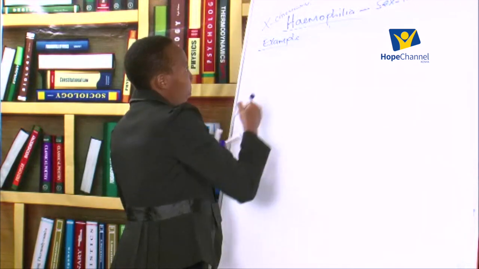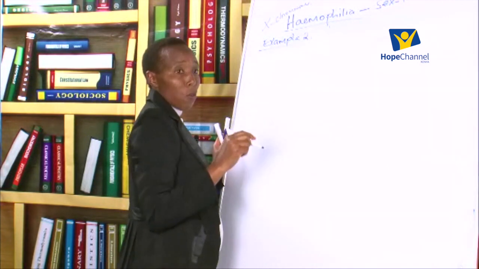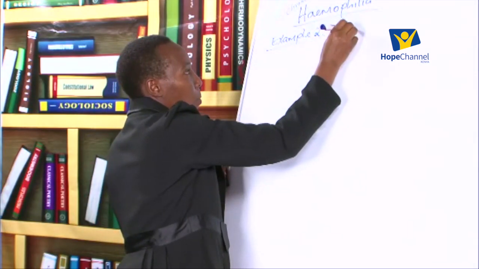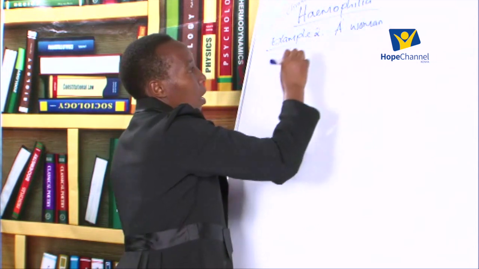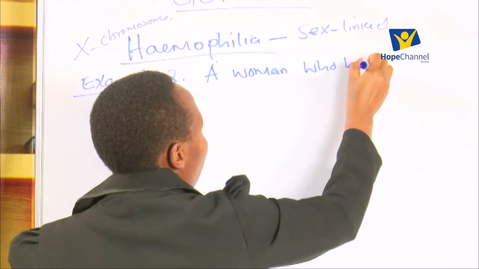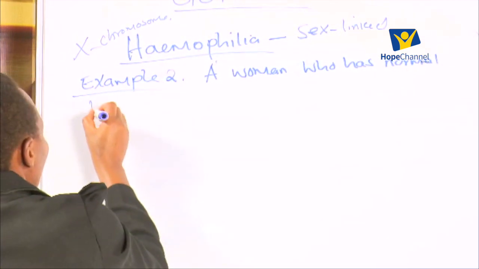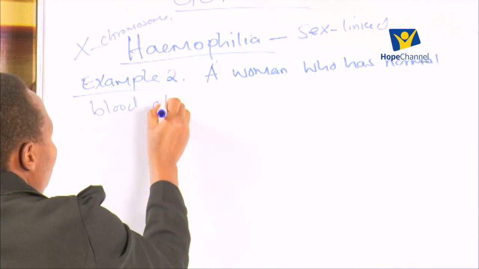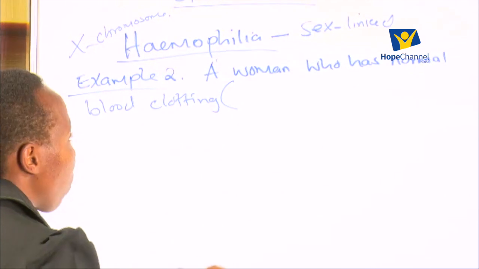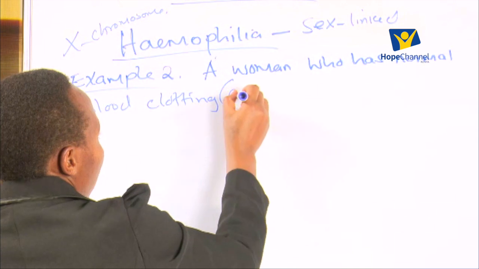So in example 2, we want to pick the girl who was very normal. So a woman who has normal blood clotting, but remember, in brackets, we say that this person is a carrier. So the person is heterozygous.